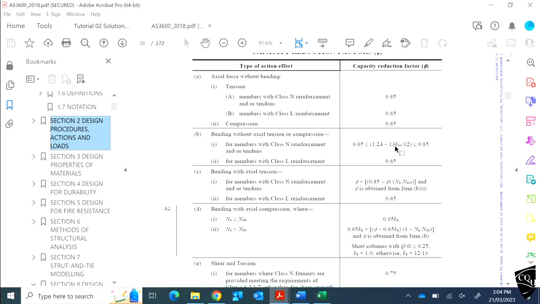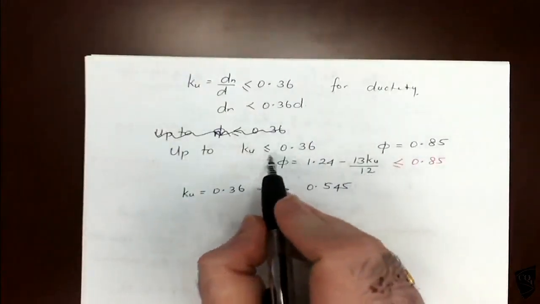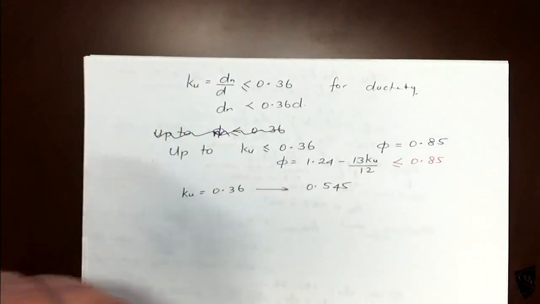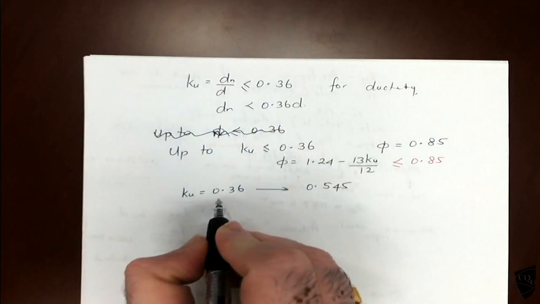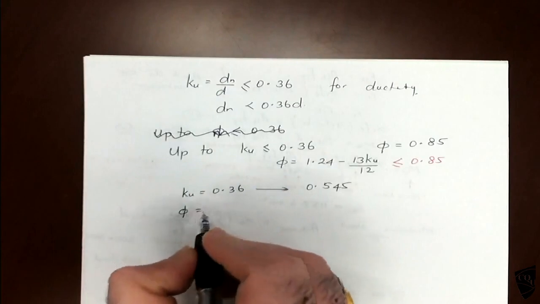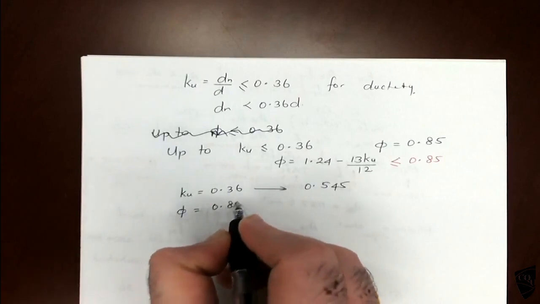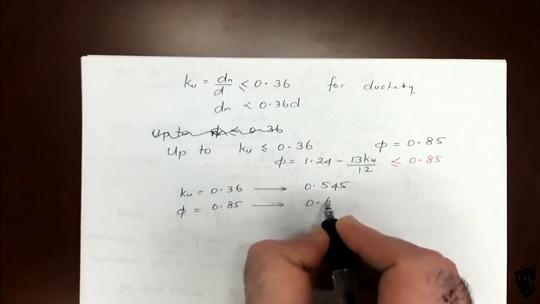So up to this one, no problem. But if you go more than that, up to this value phi is this one, okay. If Ku changes or increases beyond 0.36, the phi value changes from 0.85, starts to reduce to 0.65.